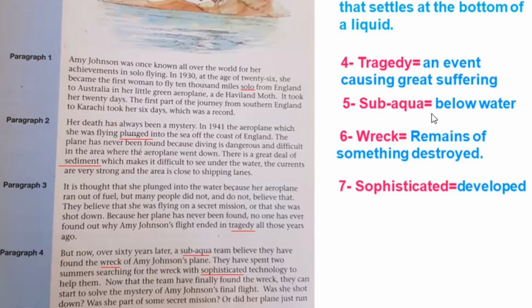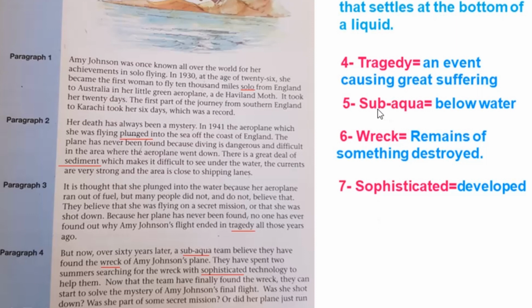Students, underline sub-aqua, and sub-aqua means below water. A team of the researchers, scientists that went and also sent their equipment, the latest technology, they submerged it into the water to dive deep down, and they find out the wrecks, the ruins of her plane.